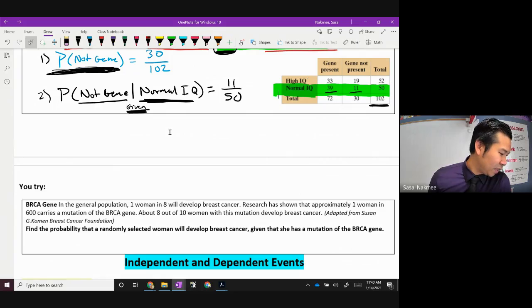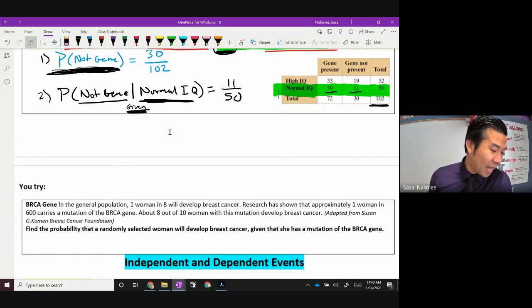BRCA gene. In the general population, one woman in 8 will develop breast cancer. Research has shown that approximately 1 woman in 600 carries a mutation of the BRCA gene, which is really scary.